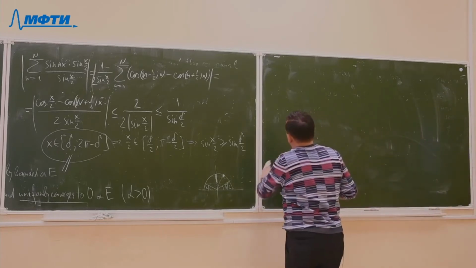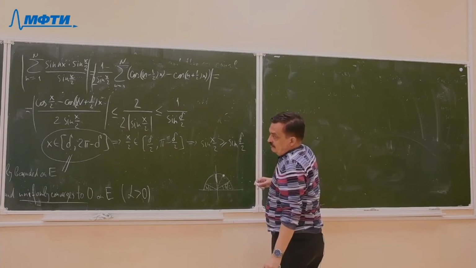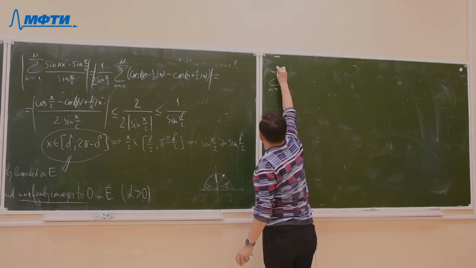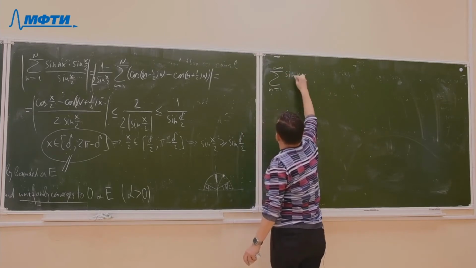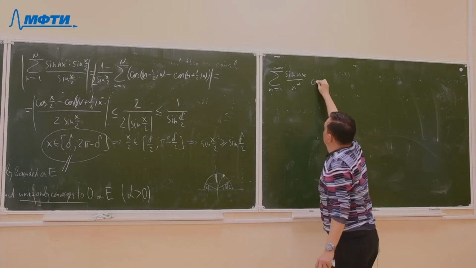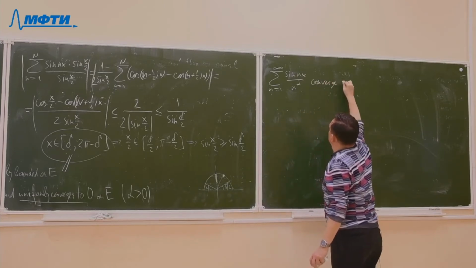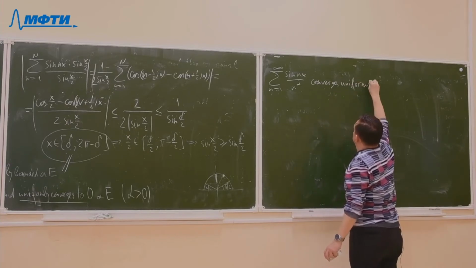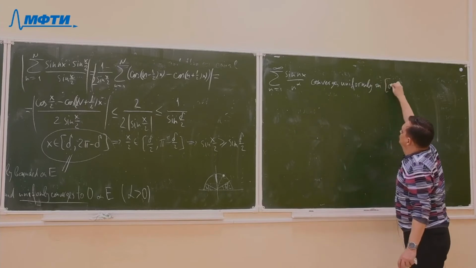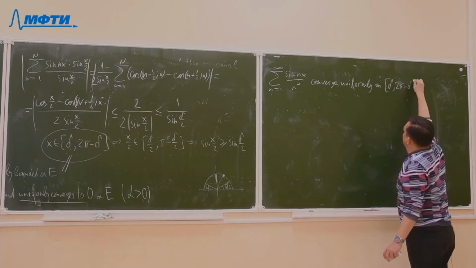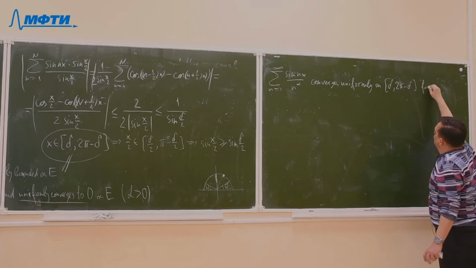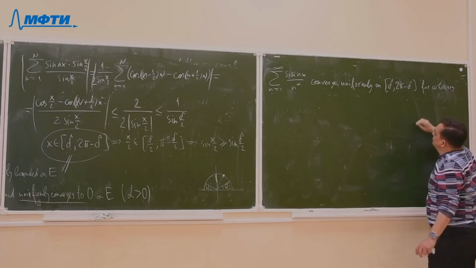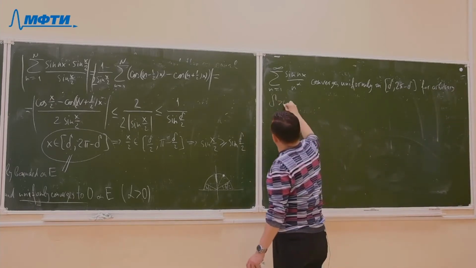The result is that the series sine n x over n power alpha converges uniformly on the interval from delta to 2 pi minus delta, for arbitrary delta positive.